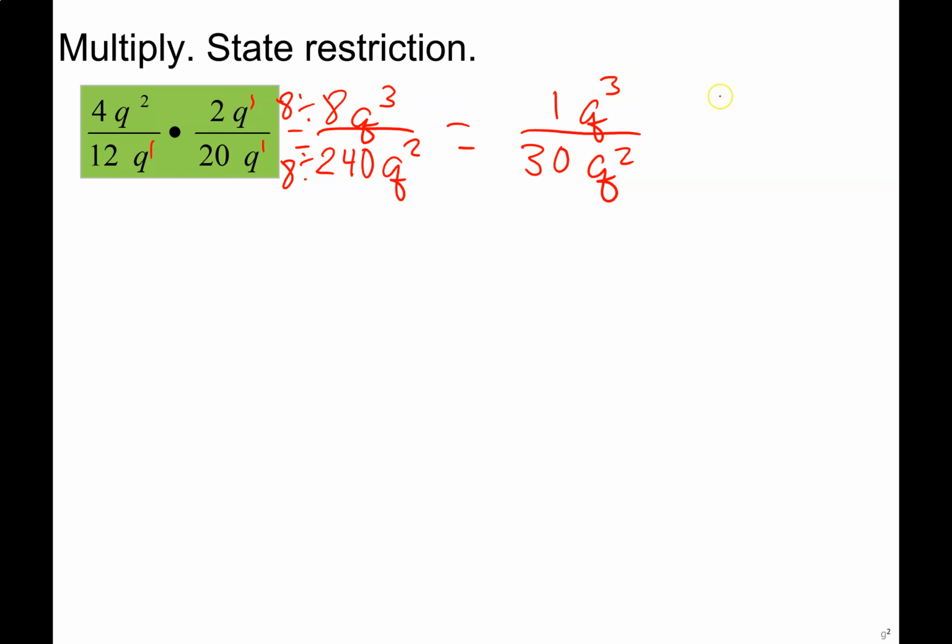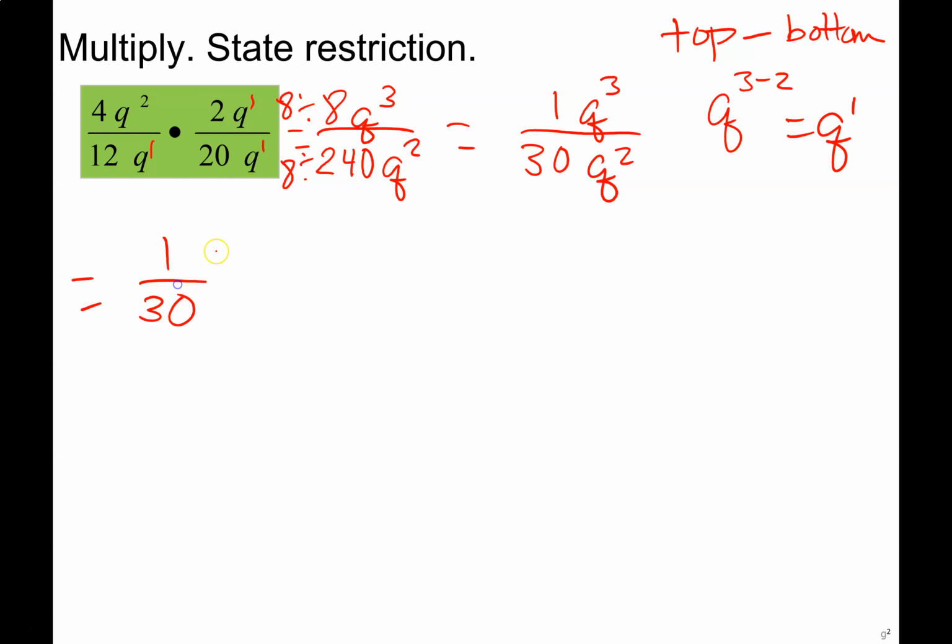So it would look like this. q to the 3rd minus 2. Top exponent minus bottom. All right, so here we should have q to the 1. And since the bigger number was on top, the q to the 1 has to stay on top. So this would be 1 over 30q. Make sure that q stays on top.